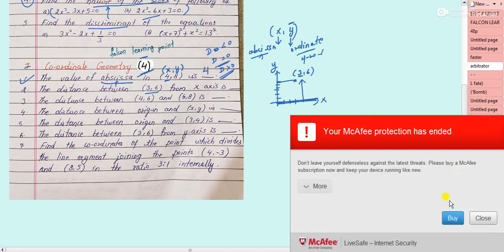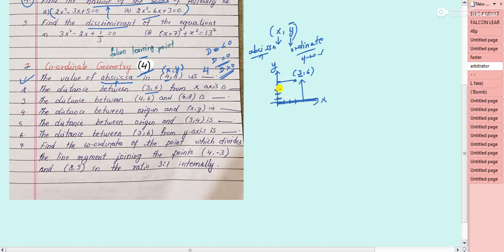Yes, it is 6 units away. So remember this trick. Whenever they ask you the distance from x axis, mark the y value as the answer. If they ask the distance from y axis, mark the x value as the answer. Along with that you have to write units.